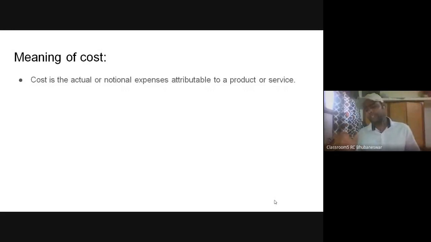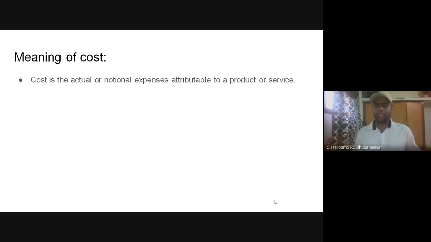Then why are these notional expenses also called cost? Because when you are going to prepare a cost sheet, it is always based upon budgeted figures. Budgeted figures means these are always estimated figures.